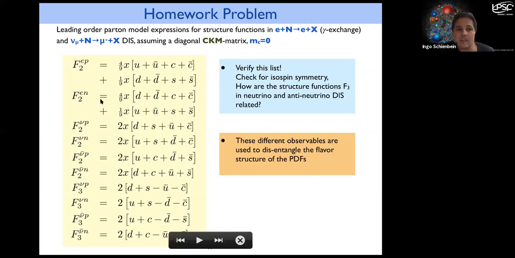But you see, the other structure functions have different combinations of parton densities. And if you combine them, then one can hope to extract really the up quark distribution and the down quark distribution and so on. So it's important to have different of these structure functions in an analysis of parton densities.